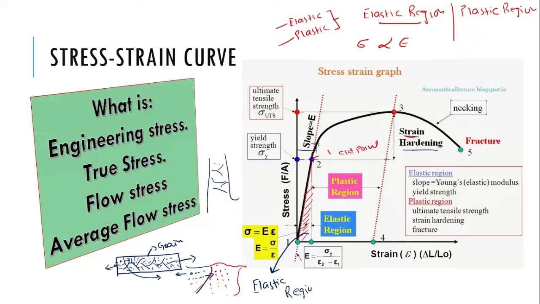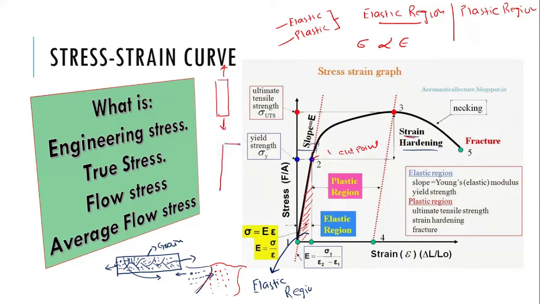The maximum amount of stress that a material requires for deformation is known as the ultimate tensile strength. Beyond this ultimate tensile strength, the material starts to move towards fracture. So if we are applying stress onto this material, there will be an elongation due to the stress.